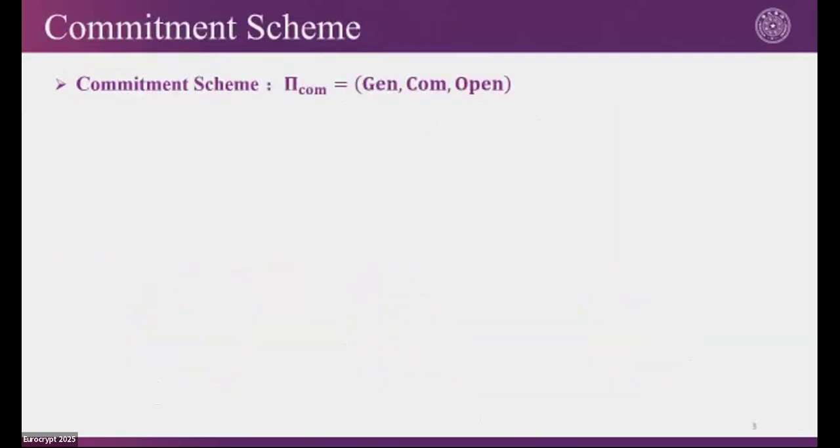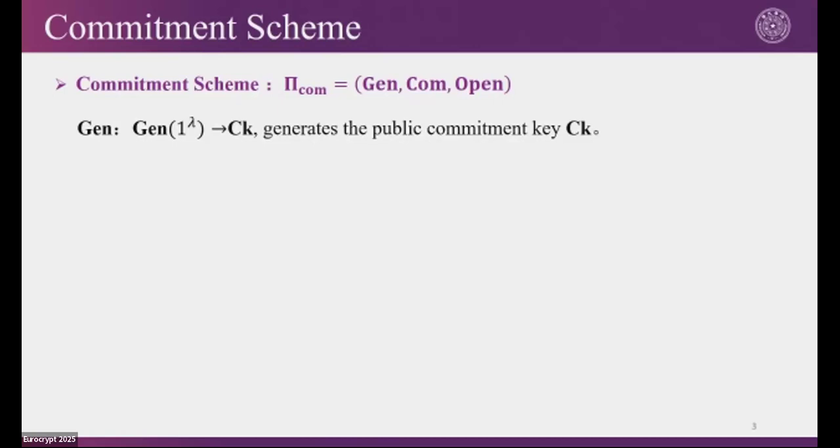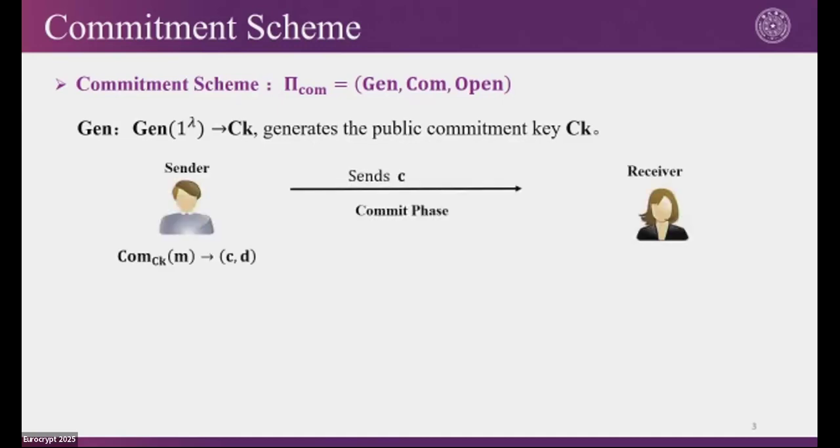Okay, next we review the commitment scheme. First, the Gen algorithm generates the public commitment key CK. The sender first uses CK to commit the message M and outputs the commitment value C and opening value E, and sends the commitment value to the receiver.